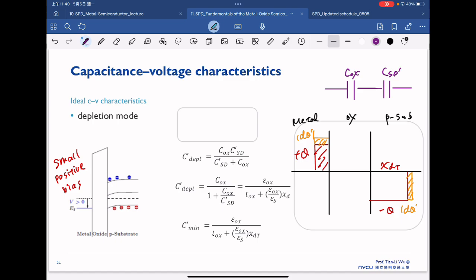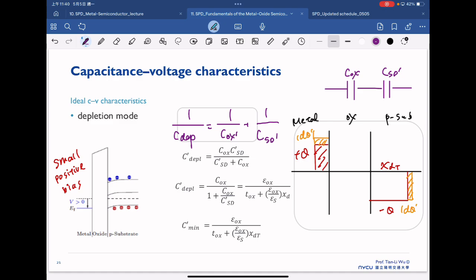So now, in the depletion mode, the total capacitance is given by 1 over C depletion equal to 1 over C ox in series with 1 over C space charge region.